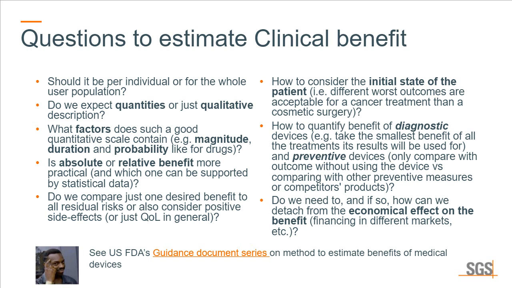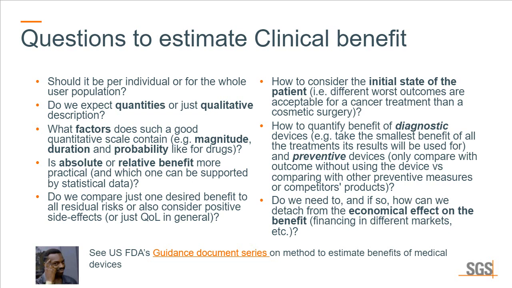For example, the US FDA has some guidelines on this topic also for the medical device industry, which was borrowed from the pharmaceutical industry. And in that one, they split the severity factor into two other factors, which is magnitude and duration of the effect. So altogether now you have the probability or occurrence, and then you have magnitude of the effect and duration of the effect.